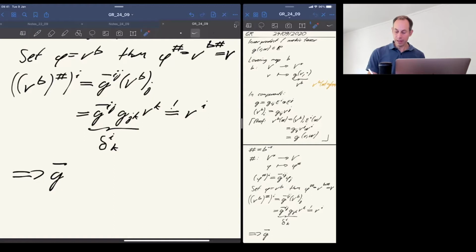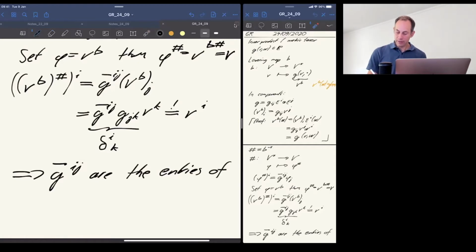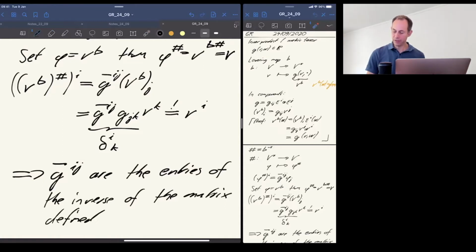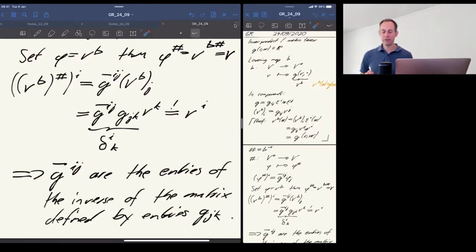Therefore, the G^{ij} are the entries of the inverse of the matrix that is defined by the entries of G_{jk}. That's what this says in words.